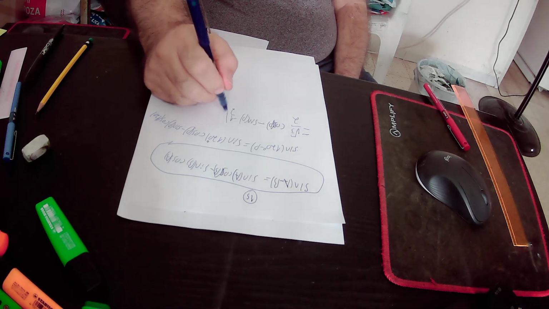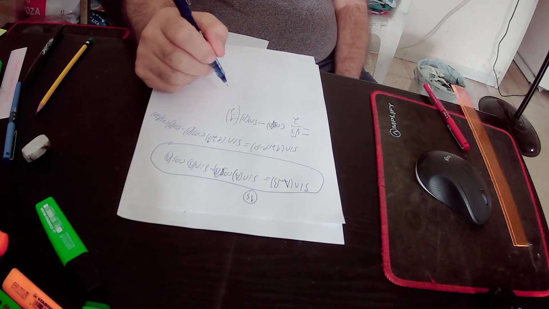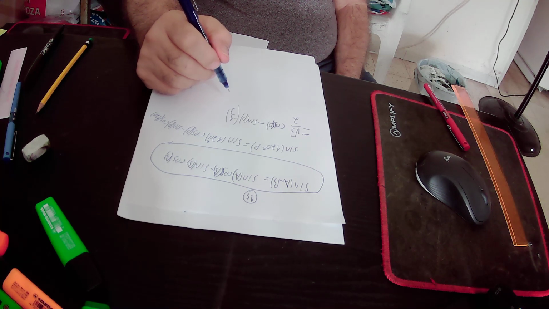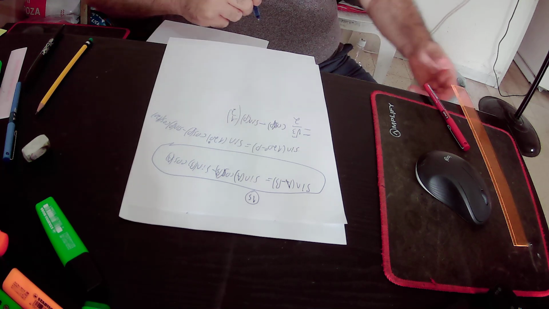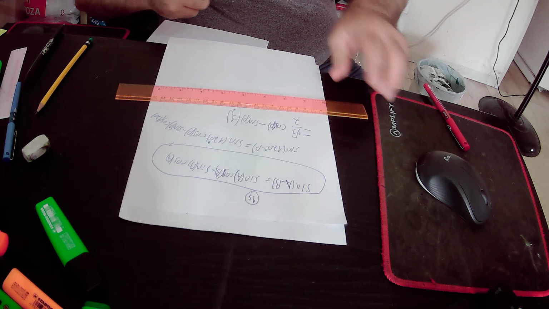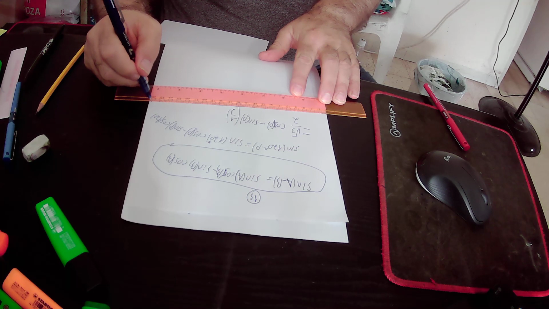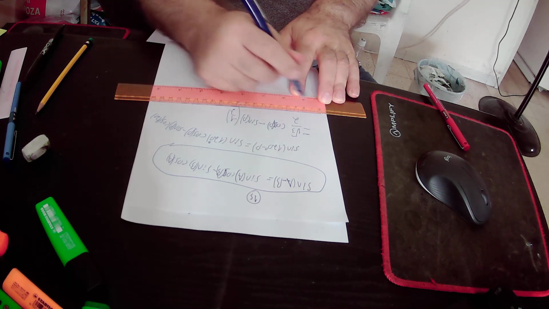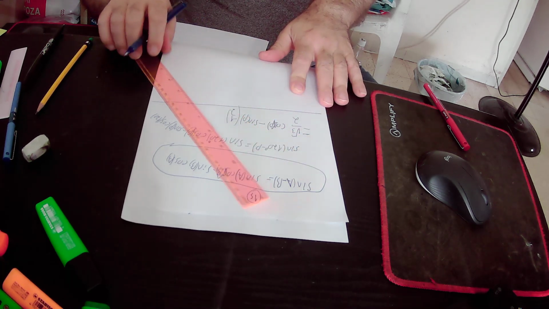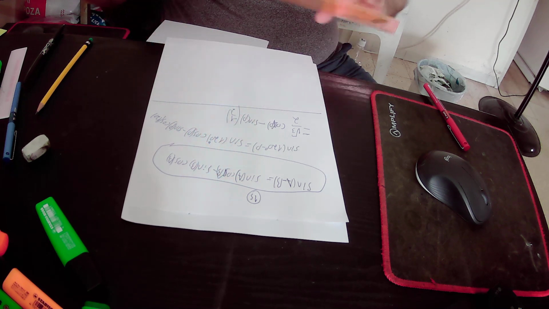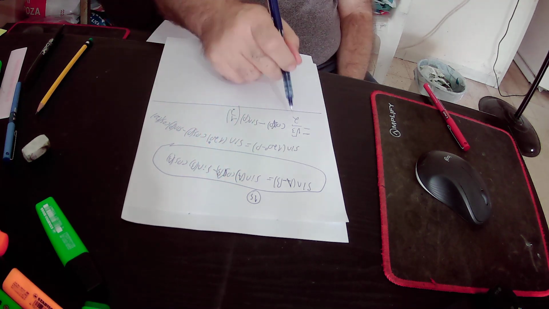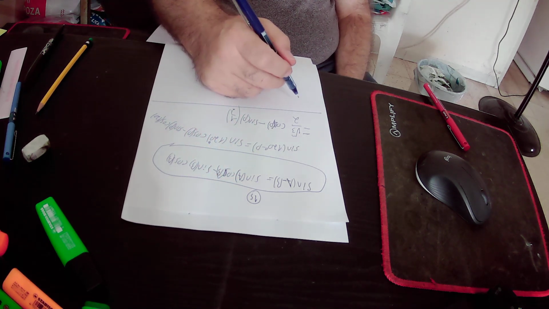Okay, so now we will substitute sine of 120 degrees minus p by this expression.